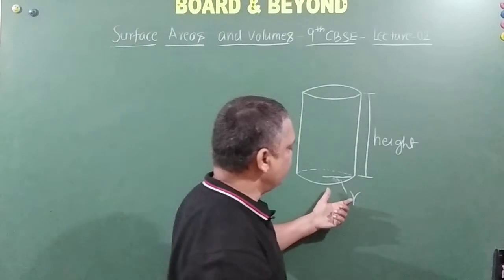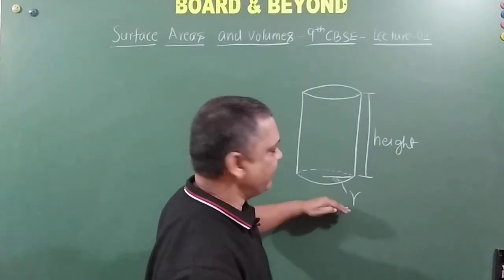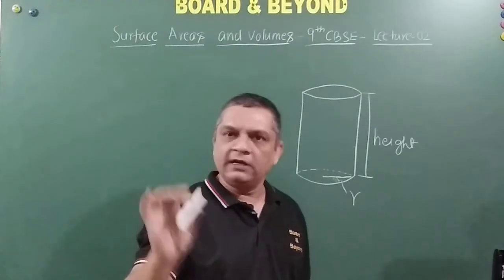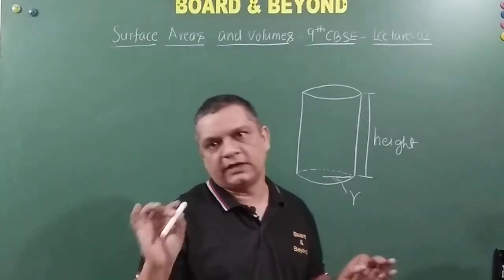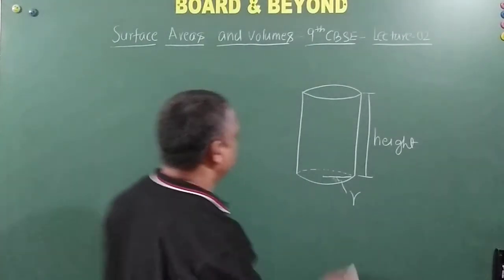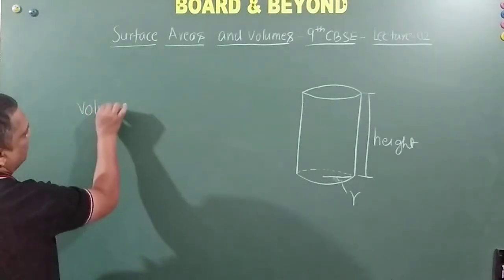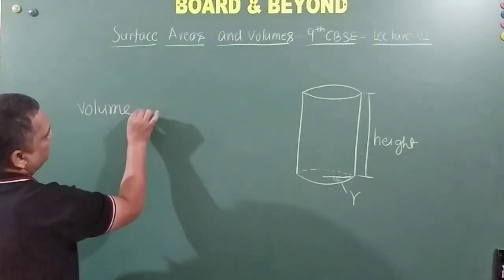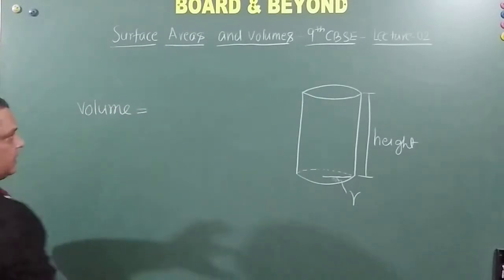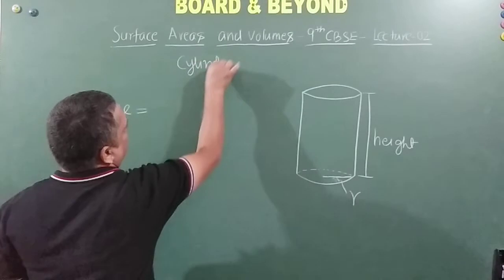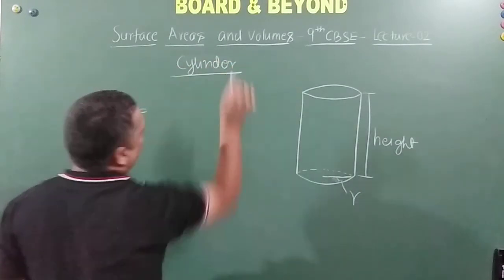Area of base into the height will give you the volume, right? So how can we find out the area of base here? Base is actually circular, so area of a circle we all know is equal to pi r square, right? So let us try to find the volume of the cylinder.